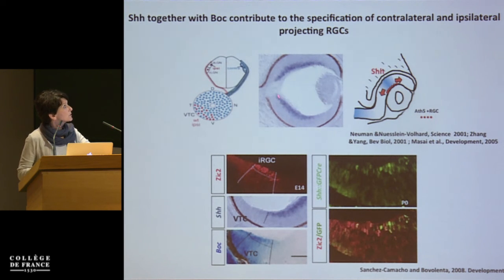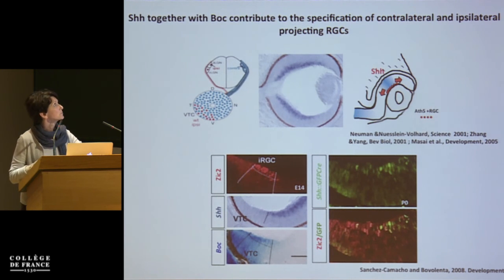Now, it's quite well known that sonic hedgehog expression in the retinal ganglion cells is important for moving the propagation of retinal ganglion cell differentiation throughout the retina, so that sonic hedgehog regulates atonal 5 expression and expands the differentiation of these cells.